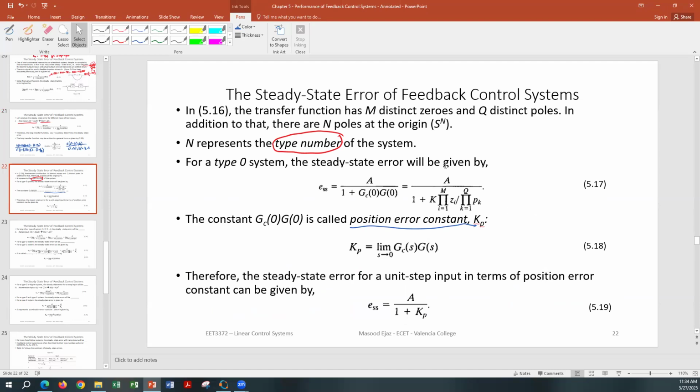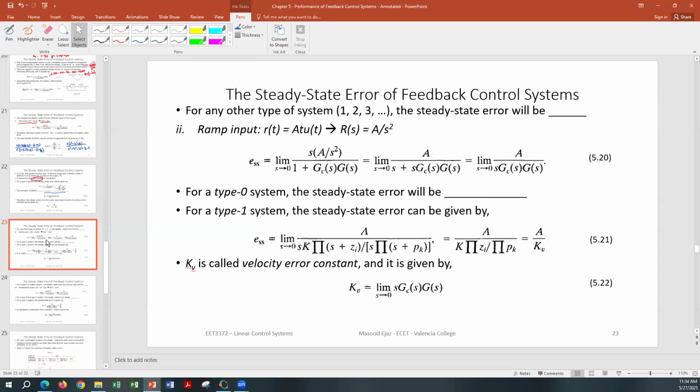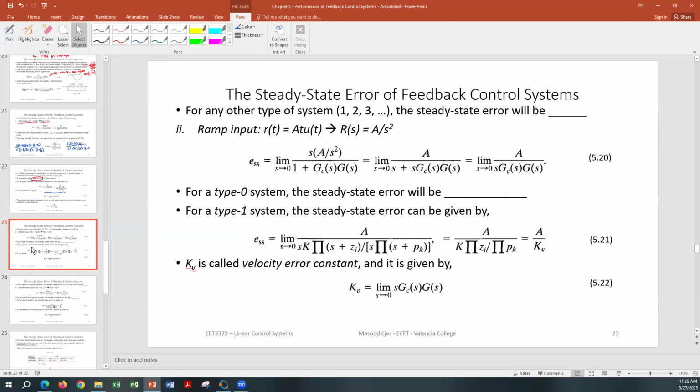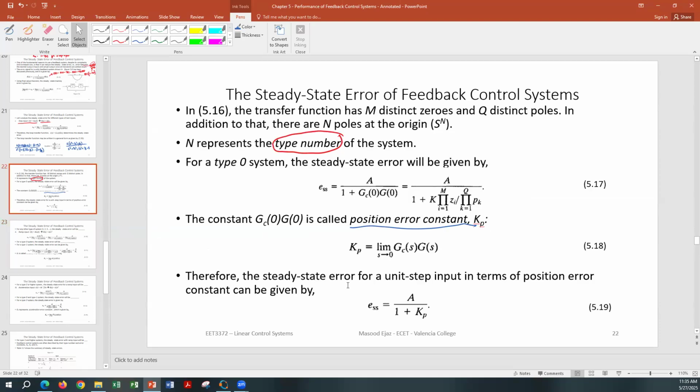If we still keep the same step input, but we choose the system to be type 1 instead of type 0, what will be the steady state error? For any other type of system, 1, 2, 3, how are you going to figure that out?